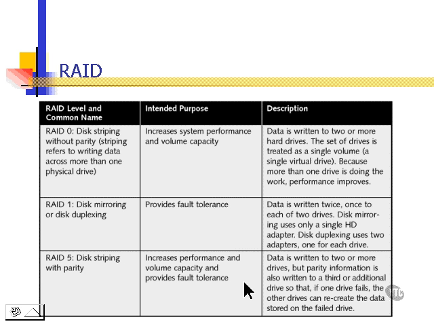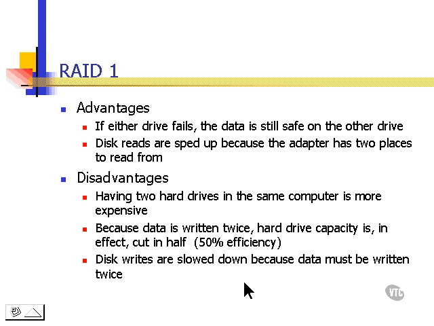So let's look at some advantages and disadvantages of each of the RAID levels. Let's look at RAID level 1 first. Advantages of RAID level 1 are that if either drive fails, the data is still safe on the other drive. And disk reads are sped up because the adapter has 2 places to read from.